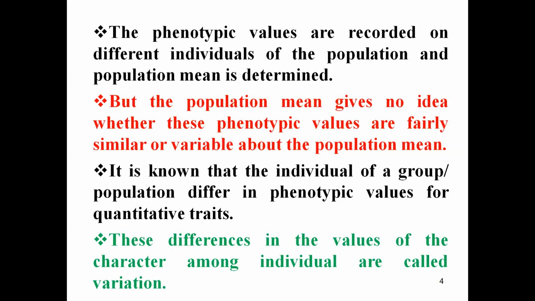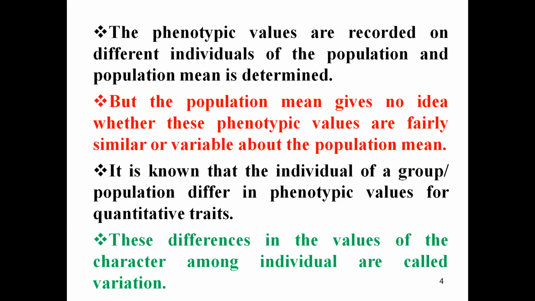There may be several plants and there will be several values. We record them and we get the mean. But this population mean gives no idea whether these phenotypic values are fairly similar or variable about the population mean. It does not give the idea.